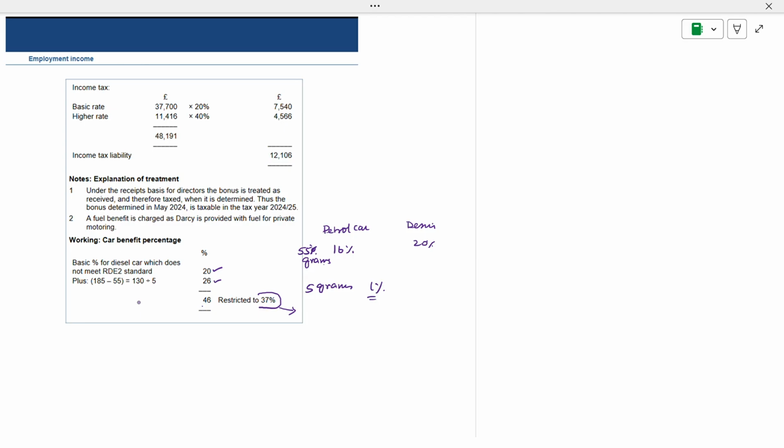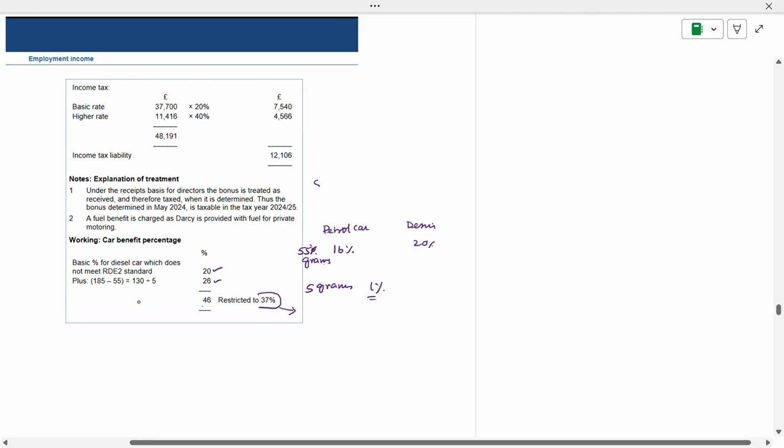One is with RDE2, which is applicable, and one which does not meet the RDE2 standards. With RDE2, the percentages are given in the formula sheet, which is 16, and 51 grams to 54 grams is 15%, and 55 and above is 16%.